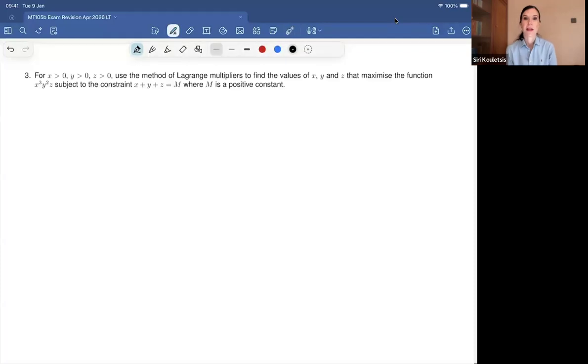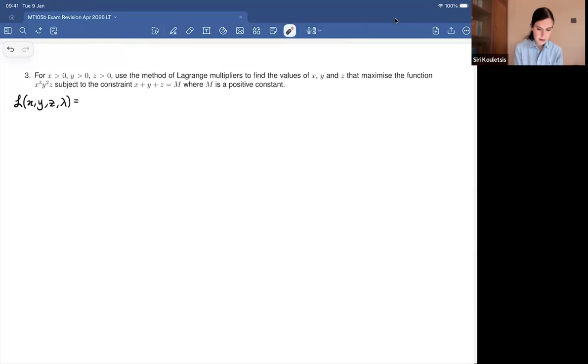So have a think about, just again, a head start at this point in your revision, to write down the Lagrangian. So the Lagrangian is a function of x, y, z, and lambda. And we start by writing down the function we are optimizing. In this case, we are maximizing.